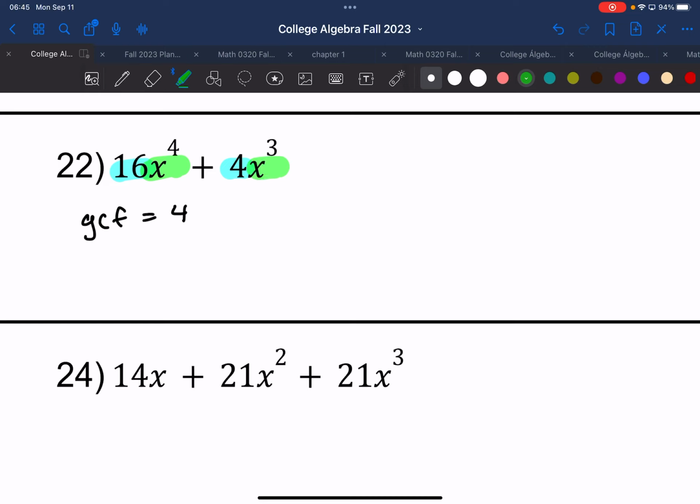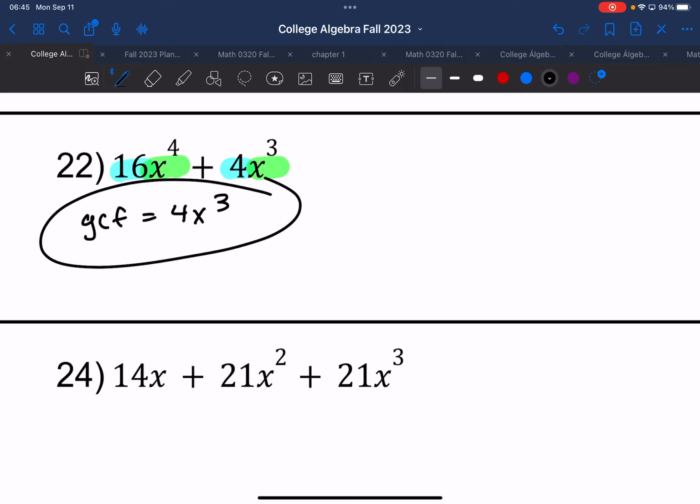What is the largest amount of x's we could take out of both? 3. Yep, x cubed. When we're looking at our variables, we're always looking at the one that has the lowest amount. The one that has the smallest exponent is usually what we can take out of both.